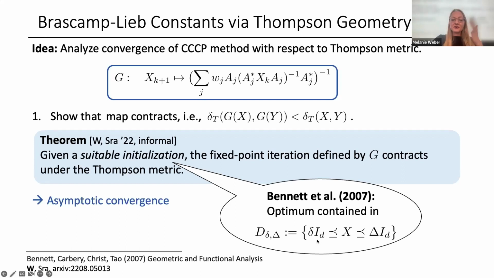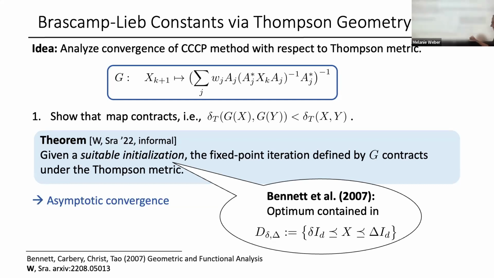The proof of this statement is not constructive, so in practice it is very difficult to find a little delta and a capital Delta. That's why this suitable initialization is tricky. We know that a suitable initialization exists, but it might be hard to compute in practice.